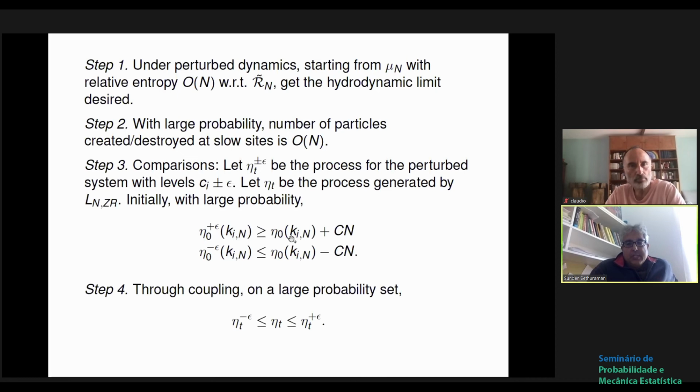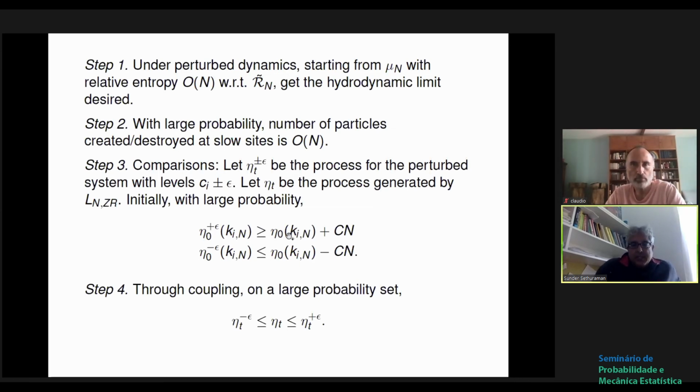Initially, with large probability, eta plus minus epsilon corresponds to the perturbed level where the condensation level density is increased by epsilon or decreased by epsilon. So there will be more particles if you increase C by epsilon. Initially, there will be more particles in this R tilde n. So one can get this.